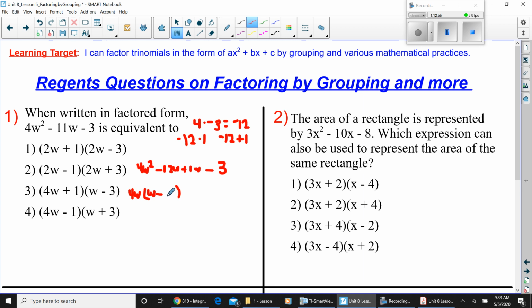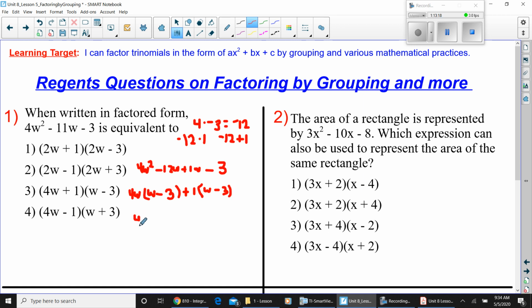4w times what equals 12w? 4w times 3, negative 3. And I'm going to factor out a 1 since there is no greatest common factor. 1 times what equals w, and 1 times what equals negative 3? 1 times negative 3 equals negative 3.